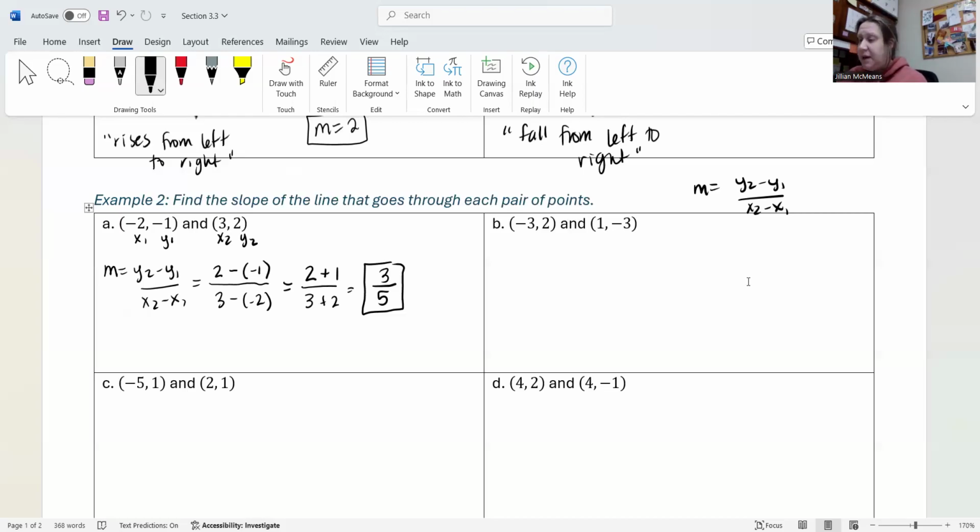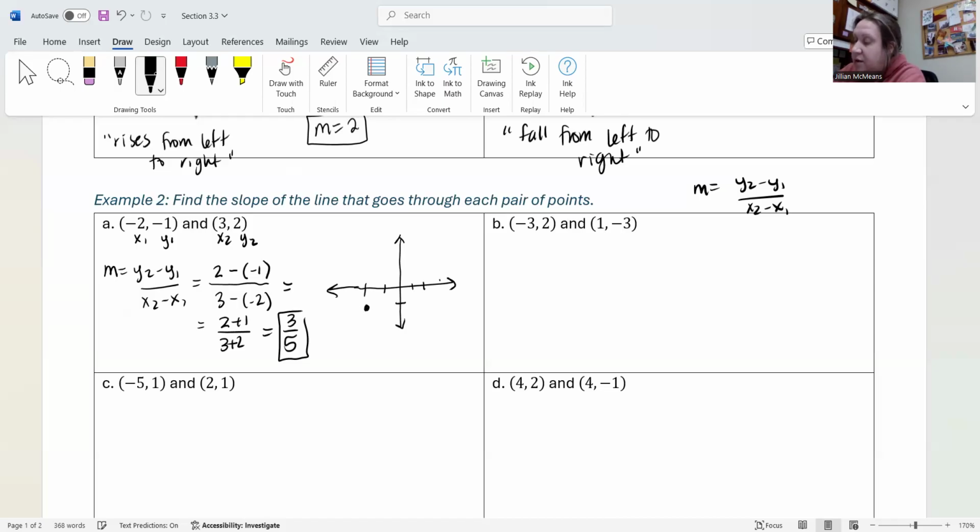Let me make some room and I can show you what this is going to look like. I'm going to rearrange this just a little bit. So we had 2 plus 1 over 3 plus 2, which was 3/5. So our slope is 3/5. But let's just sketch this really quickly and see what this looks like. So let's say we have a y-axis, we have our x-axis, we had the point -2, -1, something like that.